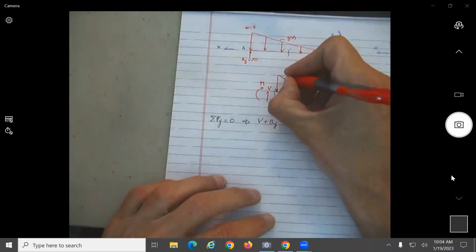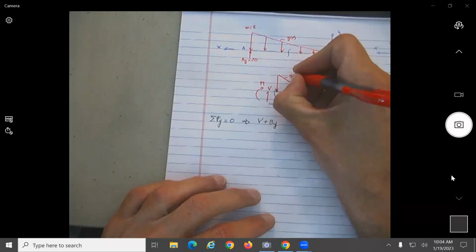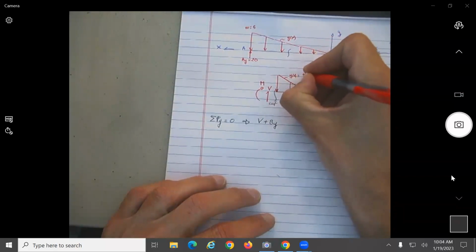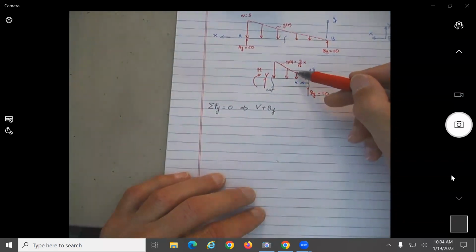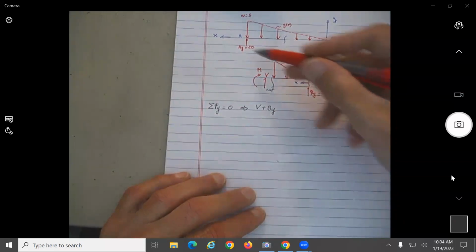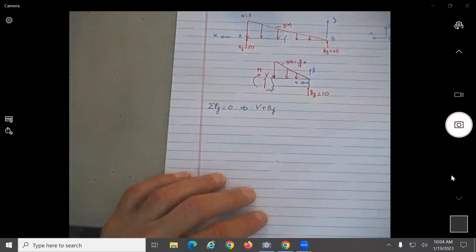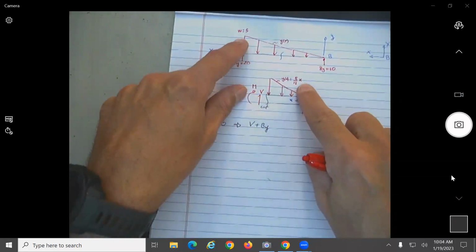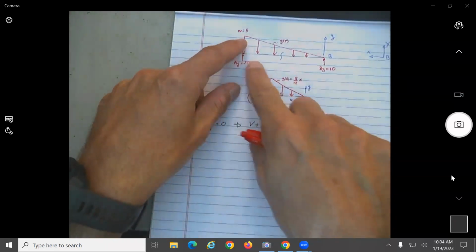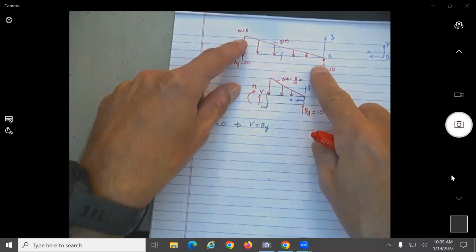So the equation of this line is 5/12 x, correct? So 5/12 will give you the height at any point along the length. Since you mentioned 5, what should be the value at the end over here? Should be 5, where the length should be 12. So at this point it will be 5, correct?